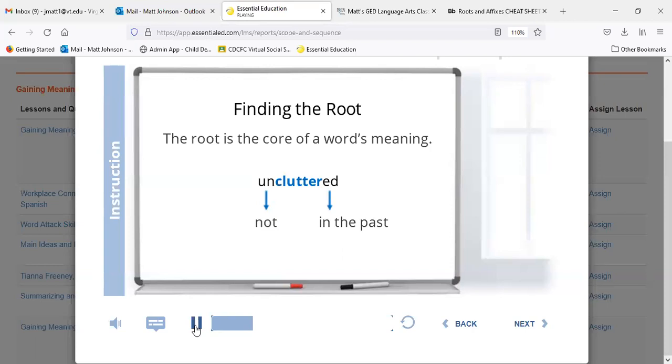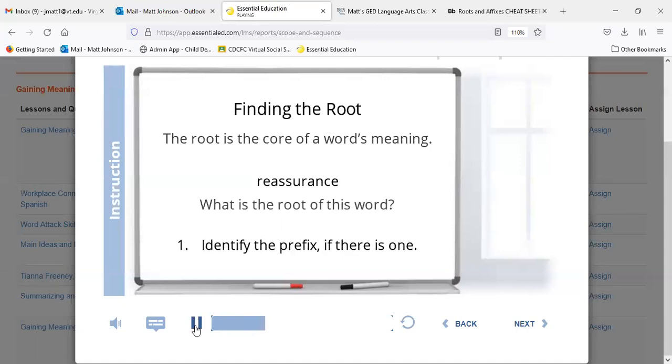Another one. Only this time, I'm going to slow down and take it step by step. I'll try the word reassurance. The question I'm trying to answer is, what is the root of this word? My first step is to identify the prefix. It looks like the prefix here is re. Next, I identify the suffix. Here it is. It uses the suffix ance.